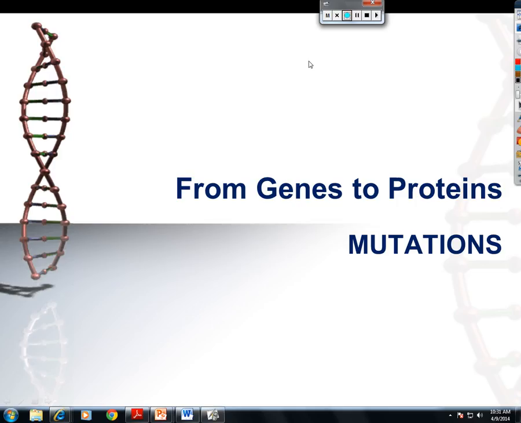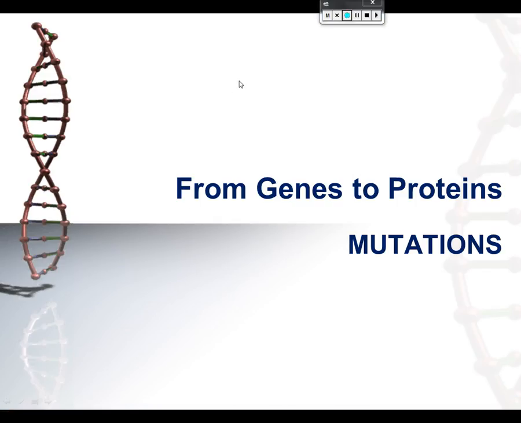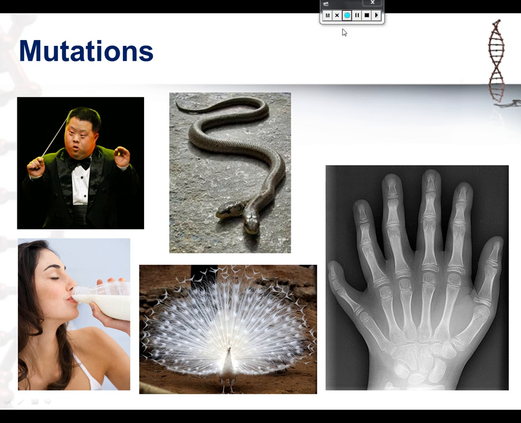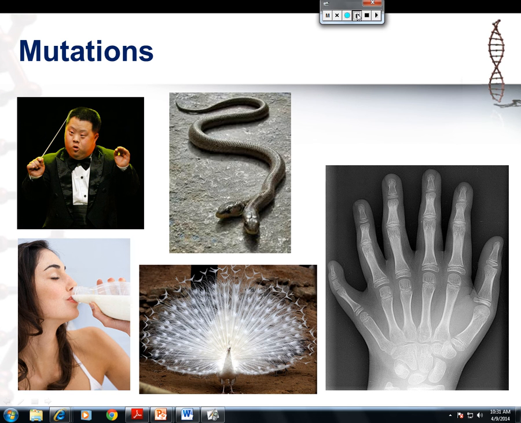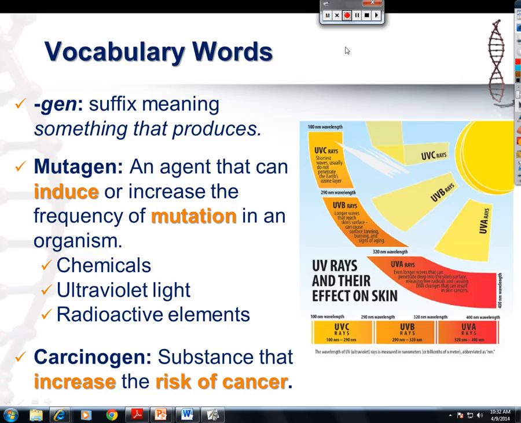Now, during this whole process of transcription and translation, I had mentioned to you before that sometimes errors can occur. And we're going to go over that now a little bit in discussing mutations. In discussing mutations, there are a few words that we should be pretty familiar with.